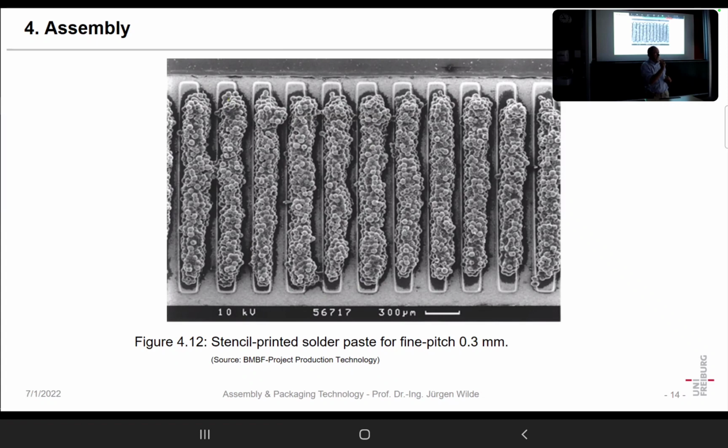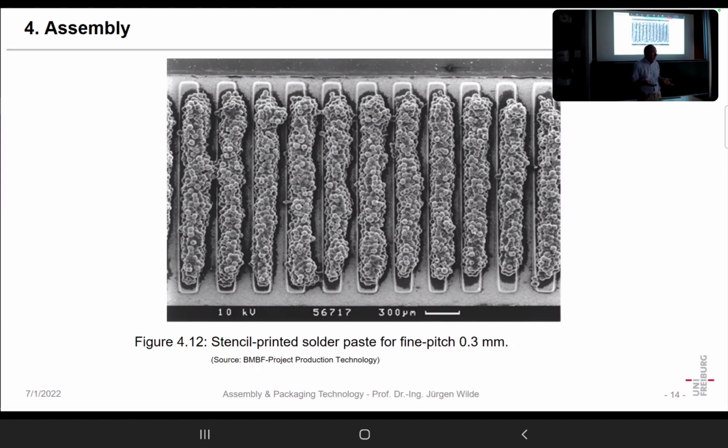That means 300 pitch. That means here that the width you print should be relatively precisely 150 micrometers. So for such a pitch, you need a stencil which is laser cut and which is so fine.